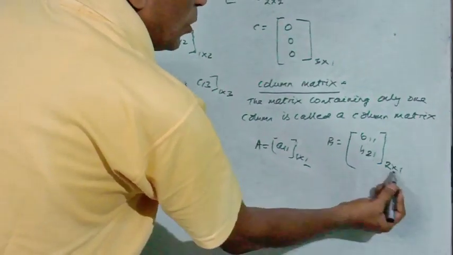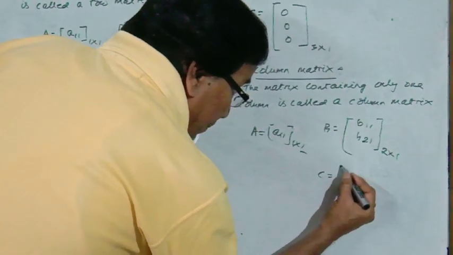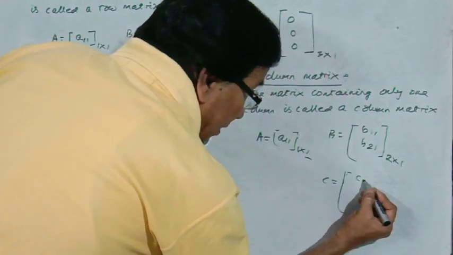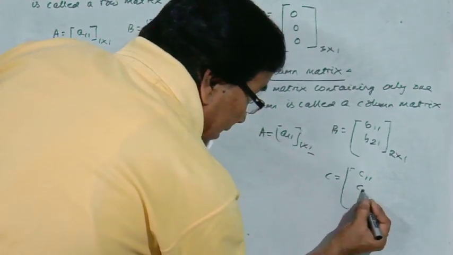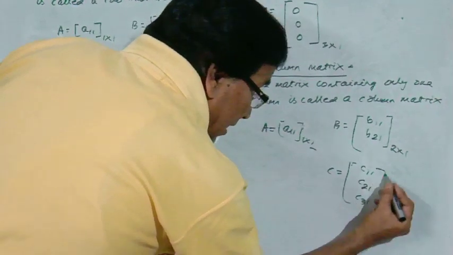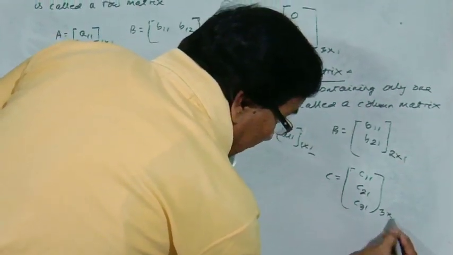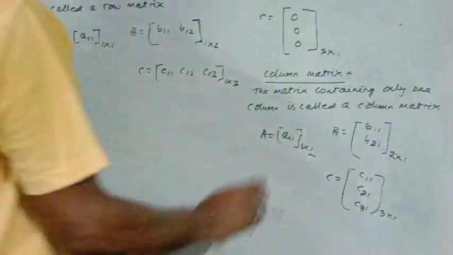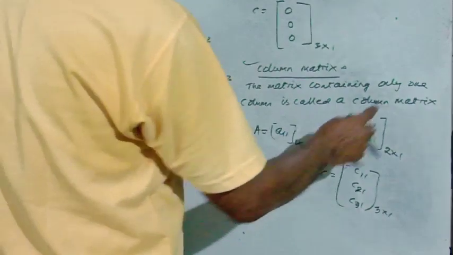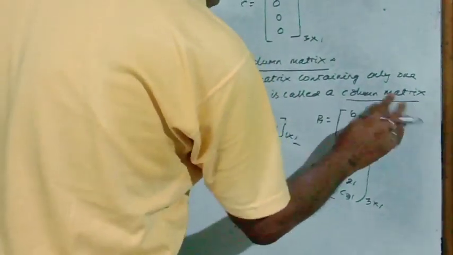Similarly, if I say C matrix is C11, C21, C31, it is also an example of a column matrix of order 3 cross 1. So, remember what a column matrix is: if the matrix contains only one column, it is called a column matrix.